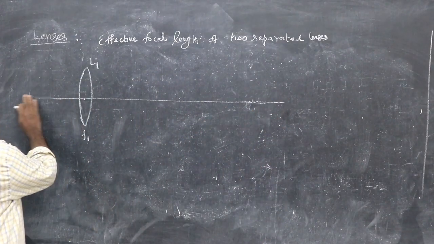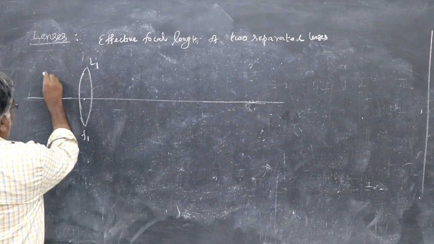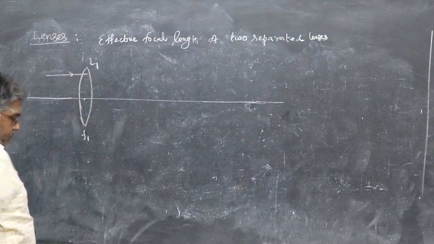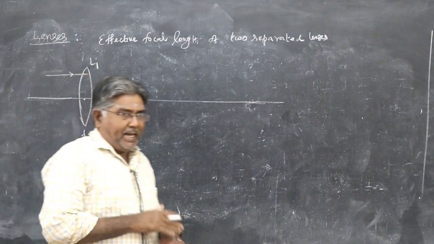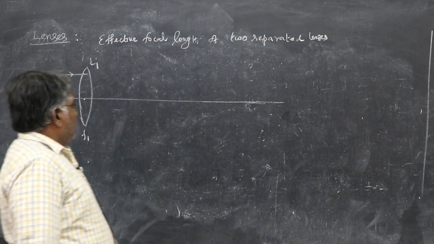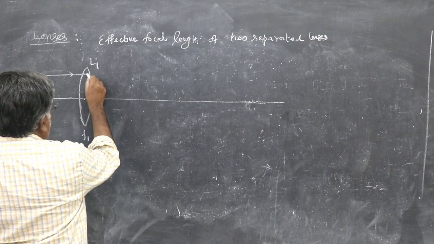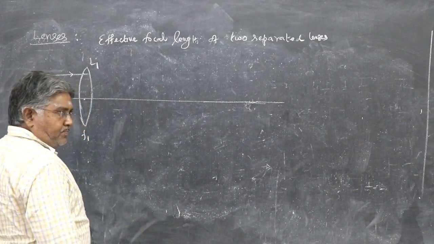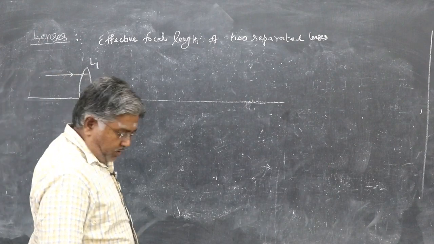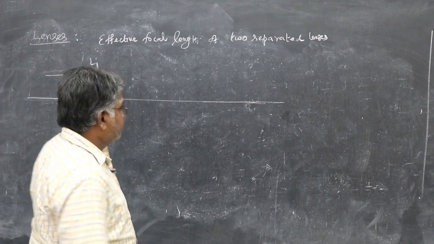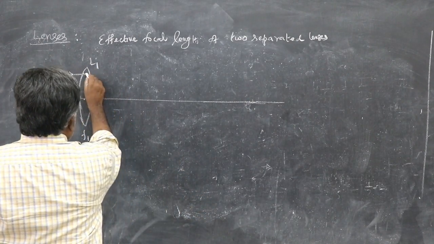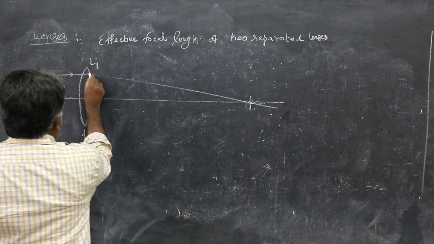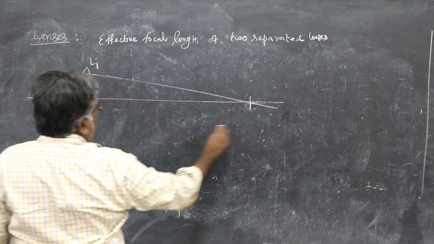Because we are going to deal with the focal length, let's say the incident ray is parallel to the principal axis and close to it, a paraxial ray. It will pass through some point on the axis. That point will be the principal focus. So what I do, I just draw a line like this, and it is cutting the axis here.